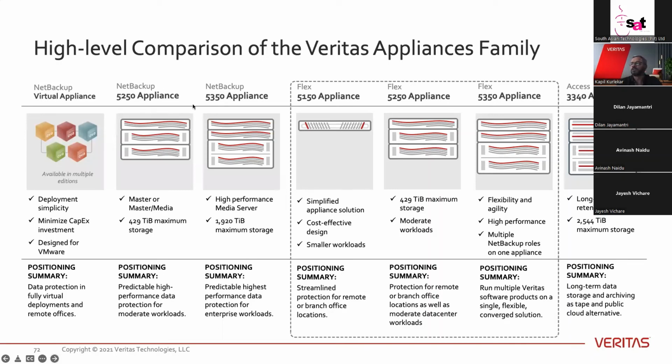One of the questions was about the smallest appliance that someone can purchase, which is the NetBackup 5150 appliance. Also, the minimum storage capacity in the 5250 appliance starts from about 9 terabytes, and it can go up to 430 terabytes.